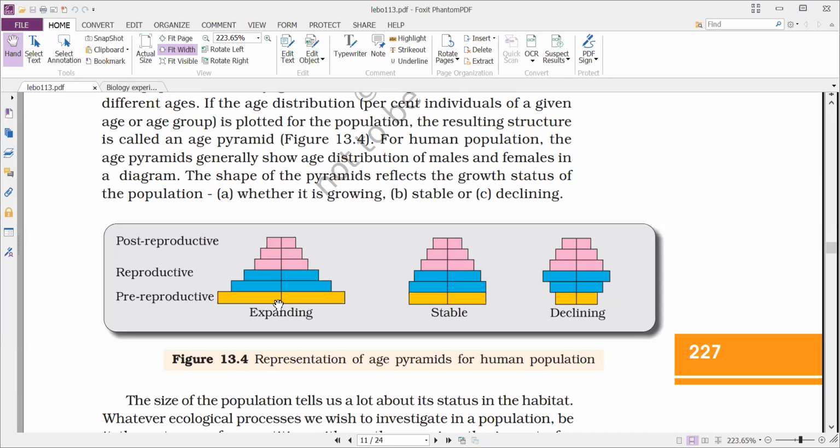Next, in China, the population is declining. Why? Because most are post-reproductive age people at present in China. The percentage of reproductive age people and pre-reproductive age people are less in China. That's why there is a decrease in the population.